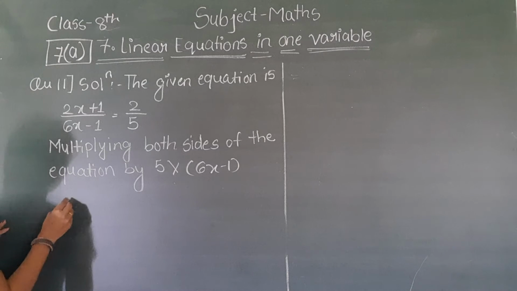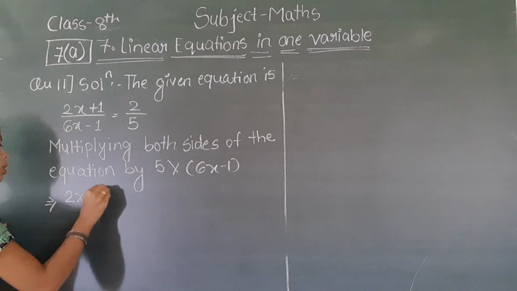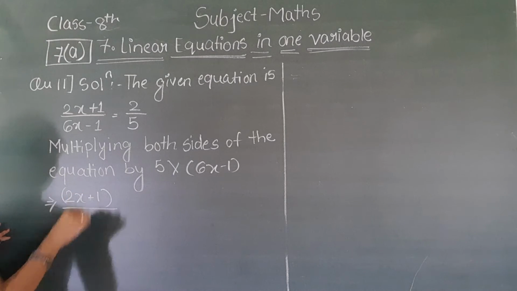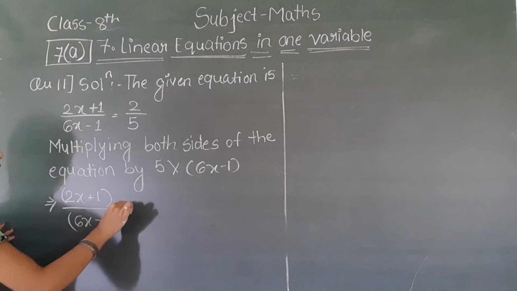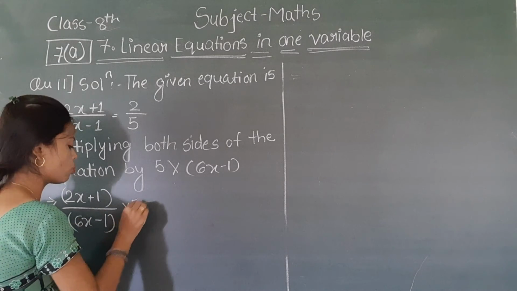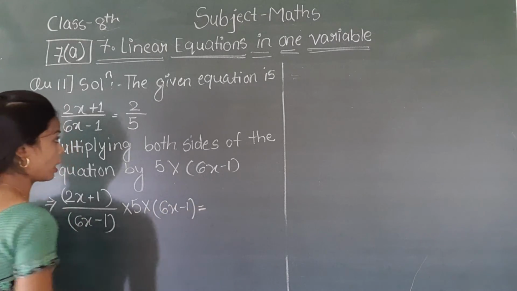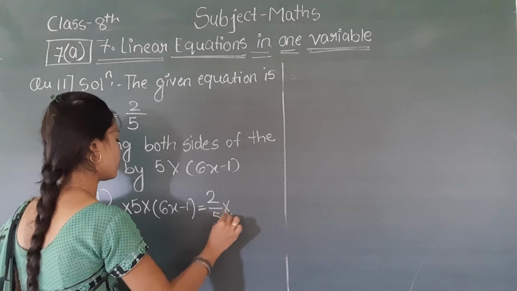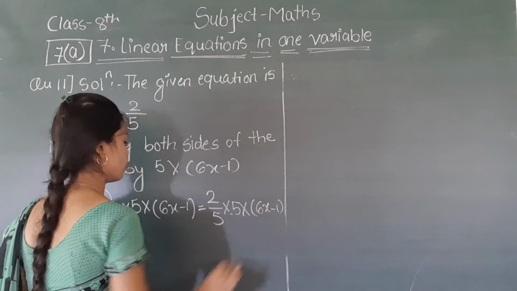Now what will be our solution? On the left side, it is (2x plus 1) in the numerator and (6x minus 1) in the denominator, multiplied with 5 into (6x minus 1), and on the right side it is 2 upon 5 multiplied with 5 into (6x minus 1).